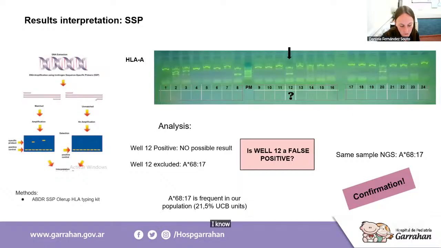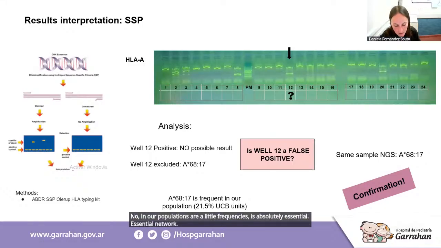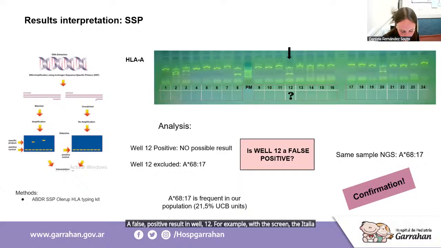Another example from the laboratory. This example also highlights why knowing our population's allele frequencies is absolutely essential in our work. Using a sequence-specific primer typing kit for HLA analysis, we found a false positive result in well 12, for example, with, guess which allele, HLA 68:17.